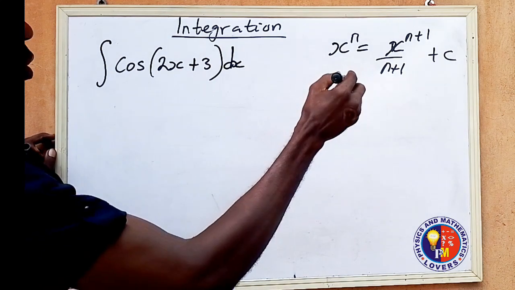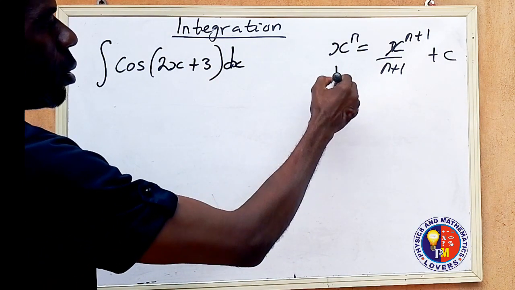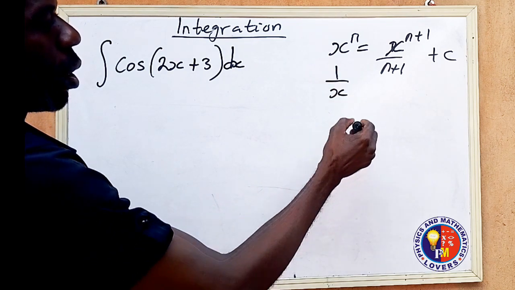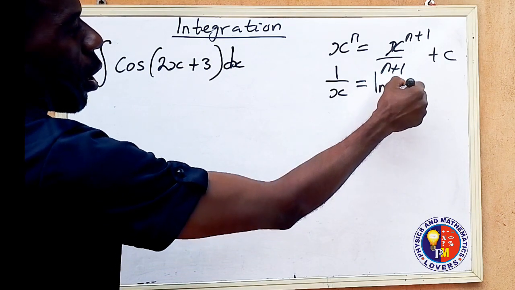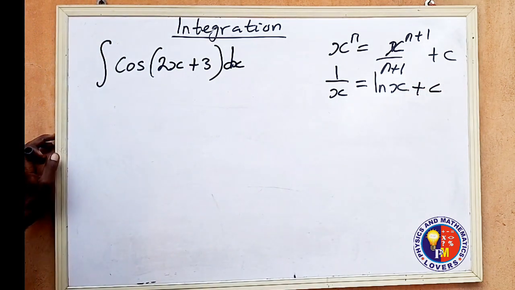Now, if I have 1 over x, the integral is ln x plus c. That's for 1 over x.